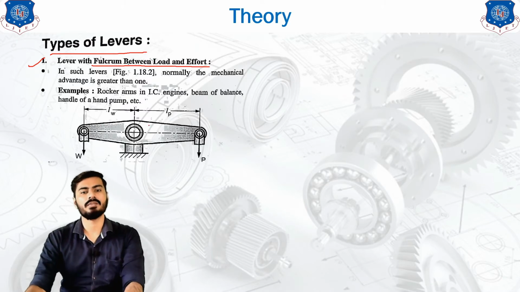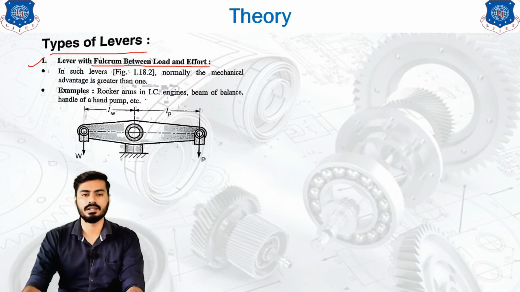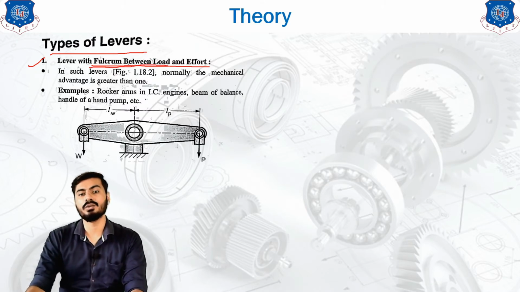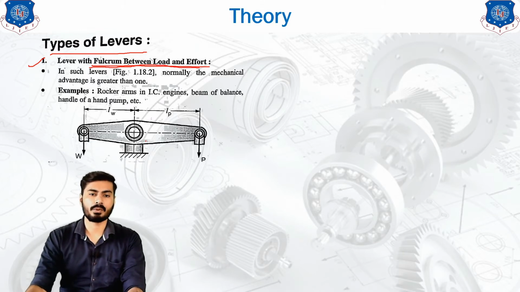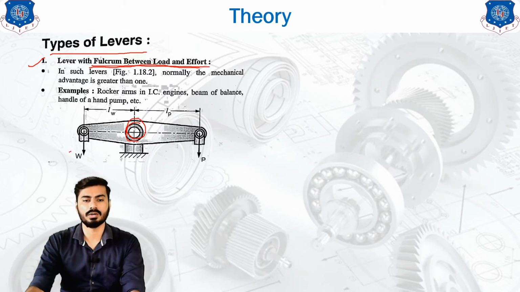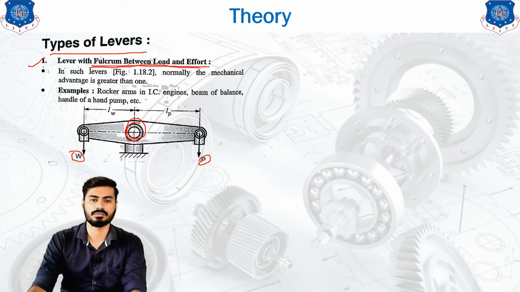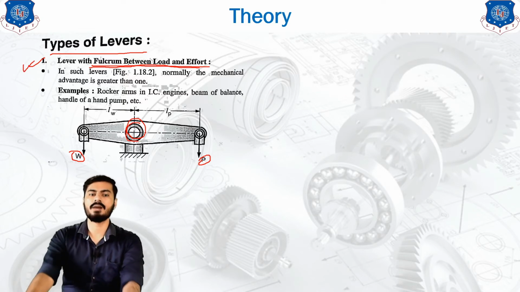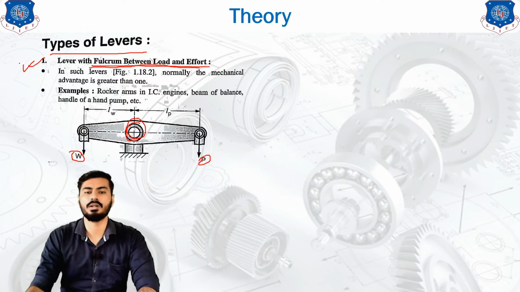The fulcrum is the point about which the lever is rotating. This is our fulcrum, and it is located between the load W and the effort P. That's why this diagram indicates the first type of lever, the lever with the fulcrum between the load and effort.